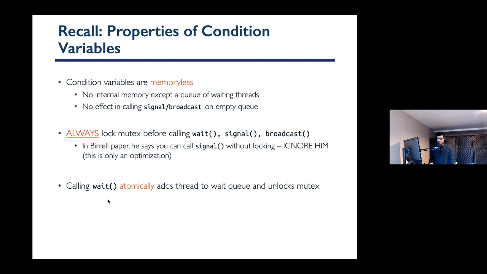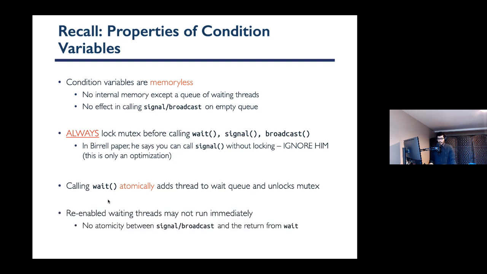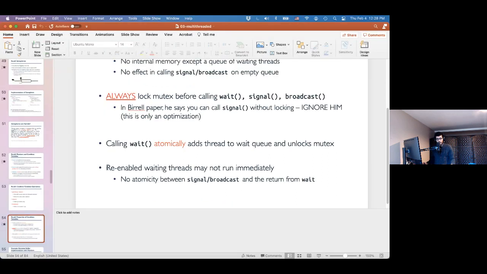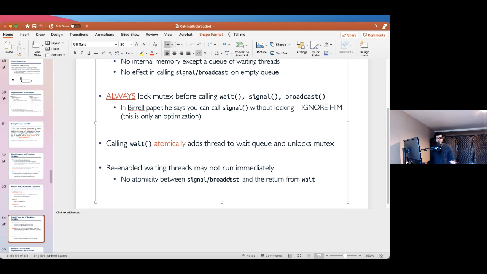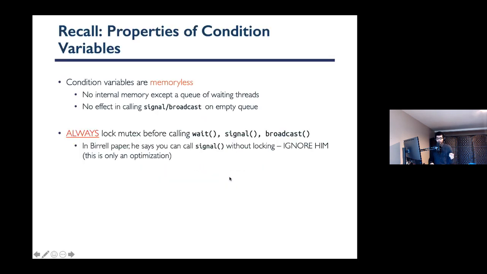And calling wait atomically adds a thread to the wait queue and unlocks the mutex, as we will see in the implementation. A thread that is re-enabled by signal or broadcast does not run immediately in some implementations. I guess I will leave it as is, because there are two implementations of condition variables.